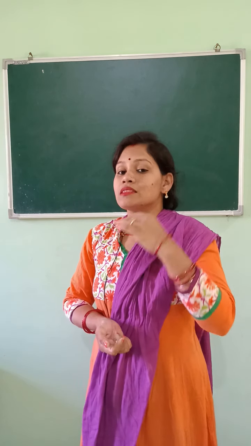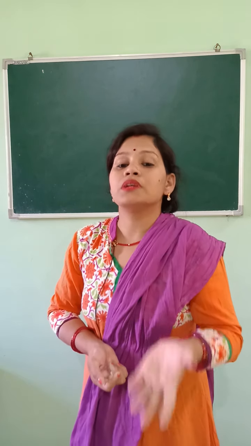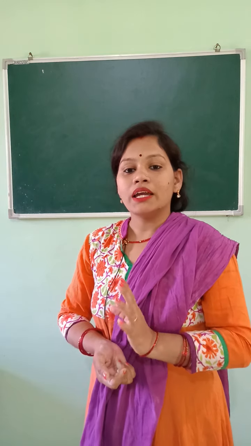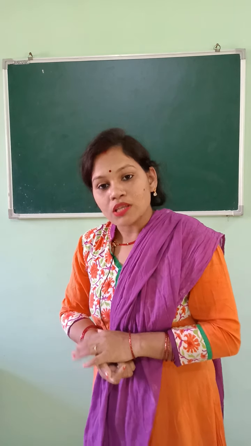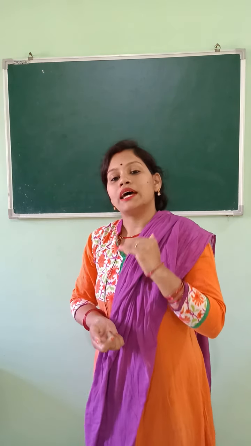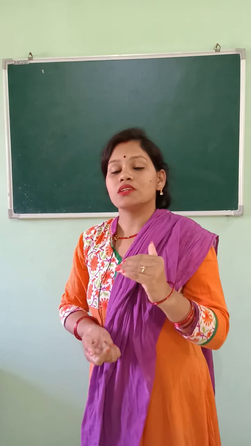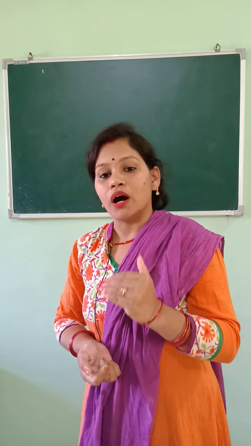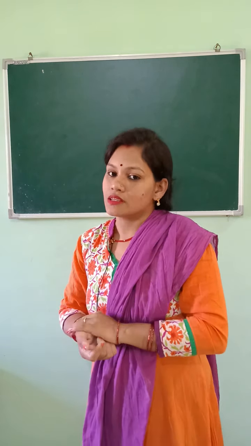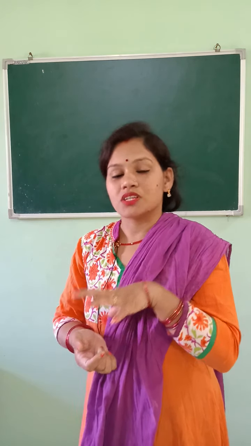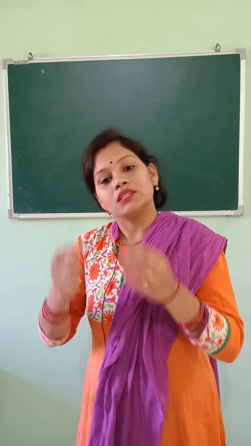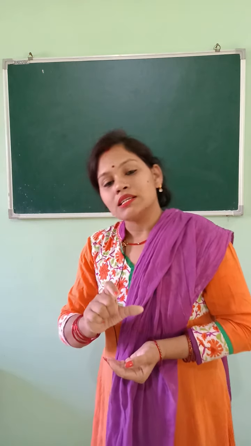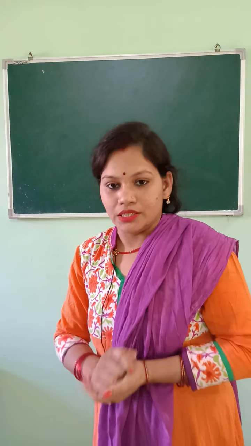This milk teeth is a temporary teeth. Why is it temporary? Because it falls when the child reaches the age of about 6 to 7 years. So that is the reason they are known as the temporary teeth.